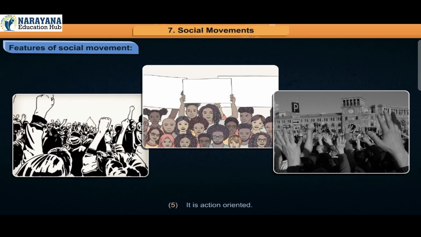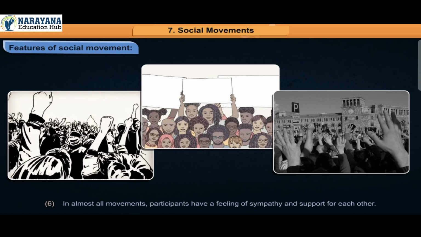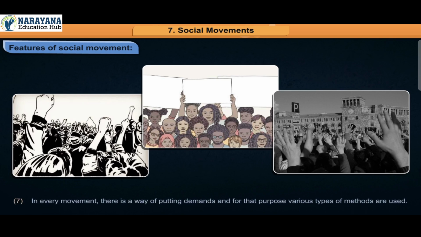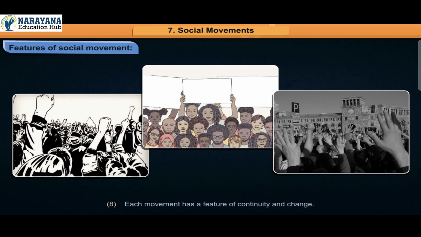It is action-oriented. Number 6. In almost all movements, participants have a feeling of sympathy and support for each other. Number 7. In every movement, there is a way of putting demands and for that purpose various types of methods are used. Number 8. Each movement has a feature of continuity and change.